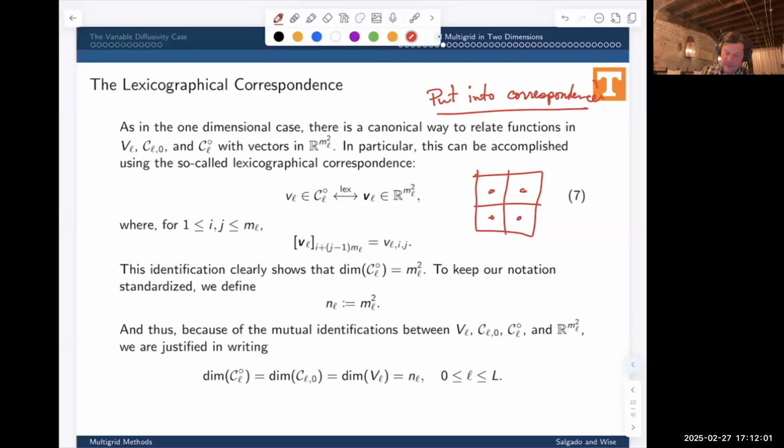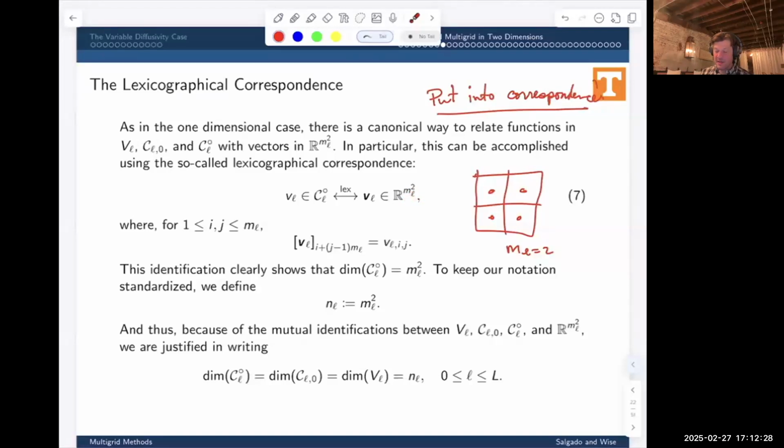If ML is equal to 2, then the total number of degrees of freedom is 1, 2, 3, 4. It's ML squared. So I can turn grid functions defined only on the interior grid points into vectors with a length equal to ML squared.